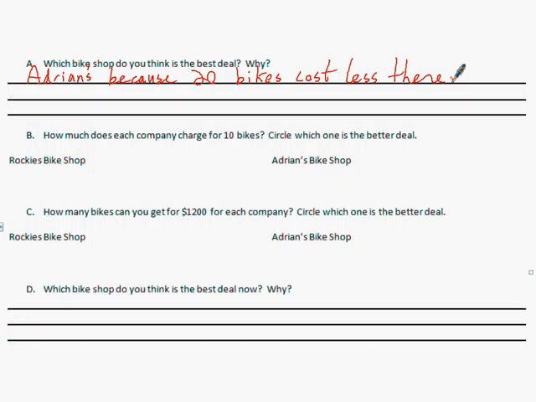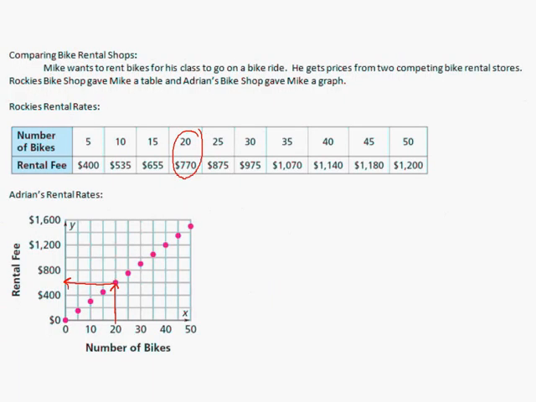Makes sense. Cheaper bikes, better deal. B, how much does each company charge for 10 bikes? Circle which one is the better deal. 10 bikes costs under $400, probably $300. 10 bikes, $535.